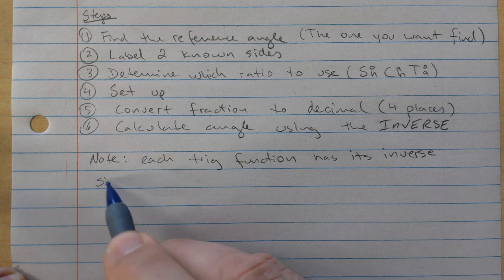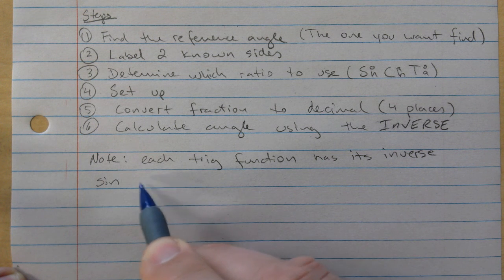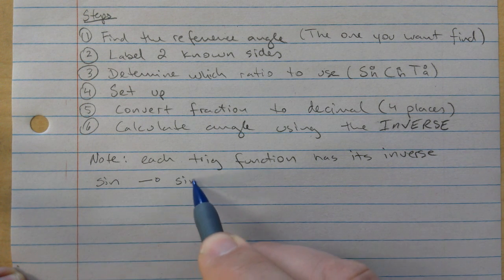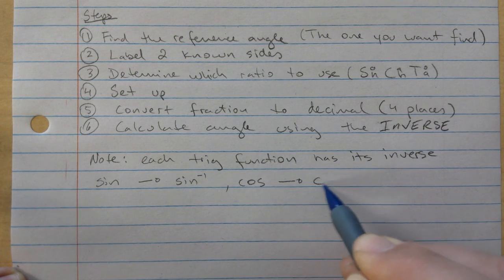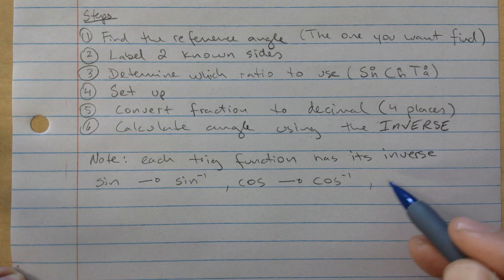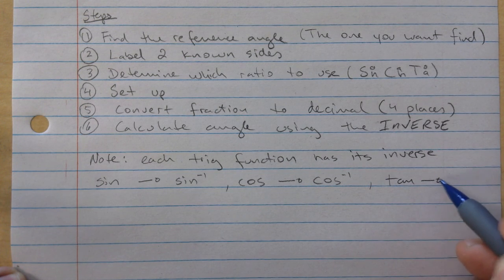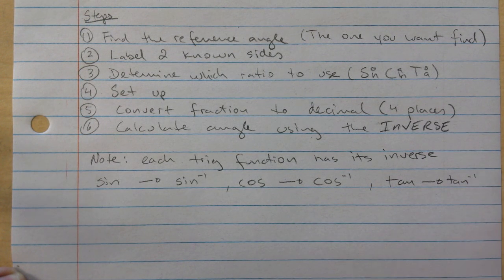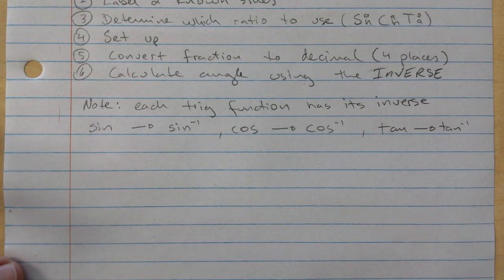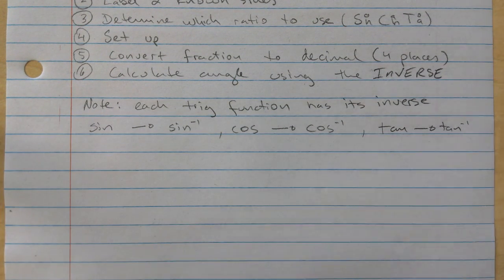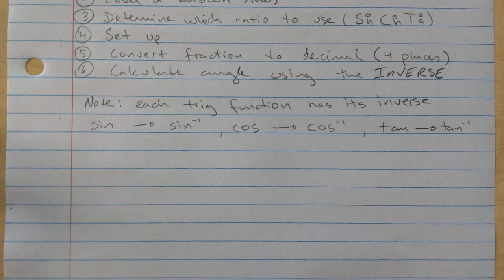So sine has sine inverse like this. Cosine has cosine inverse like that. Tangent has its inverse, tan then -1. Okay, so every single one, sine, cosine, tan, has its own inverse. Okay, it won't always be sine or always be cosine. Depends on the situation.